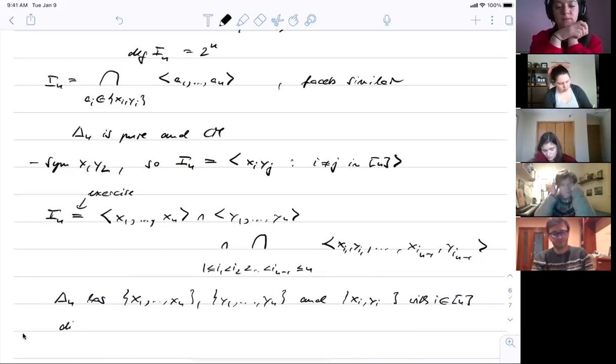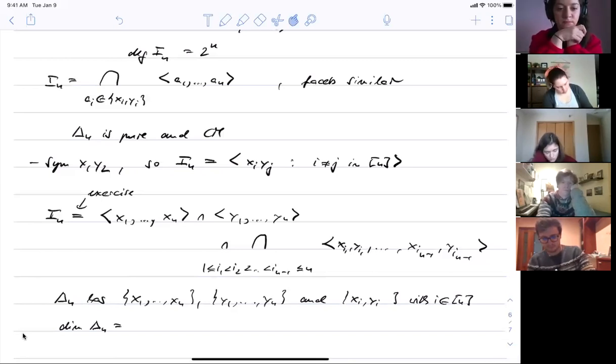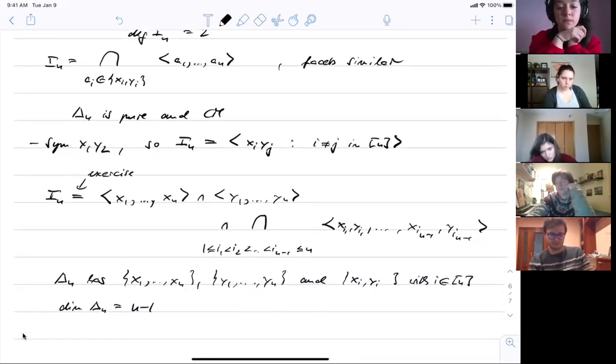So this time we see, well, these two facets have both dimension n-1. These facets have dimension 1. But overall, this means that the simplicial complex has dimension n-1, but it is not pure.